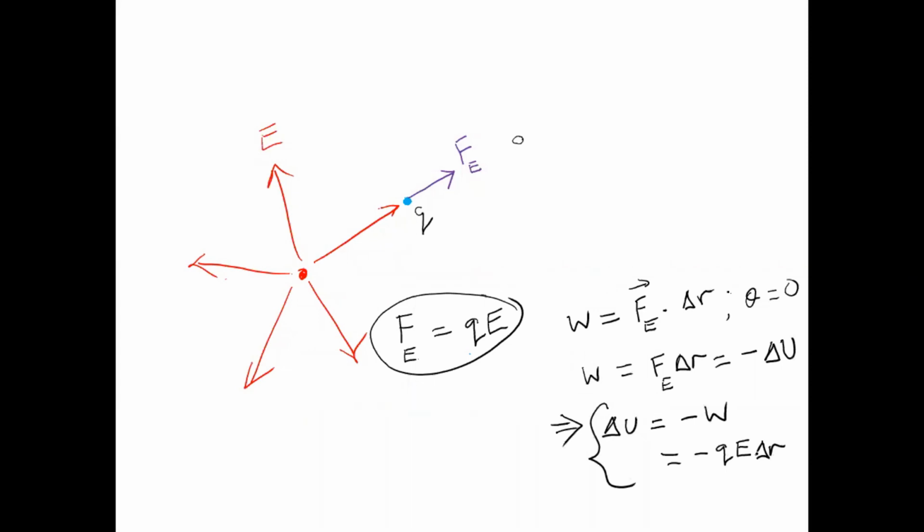Now, I'm interested in this delta R. Okay, so now, this electric field, what happens to it as you go away from the charge that is producing that electric field? Does it increase or does it reduce? It reduces.